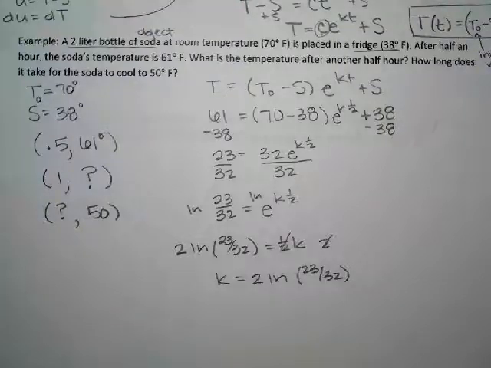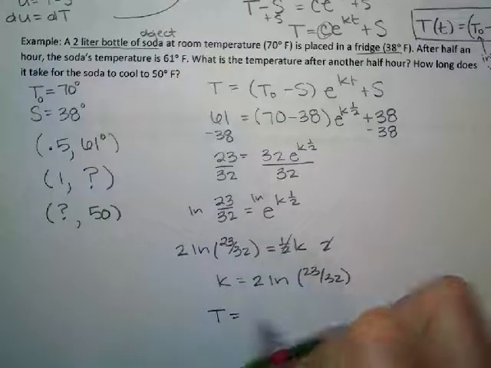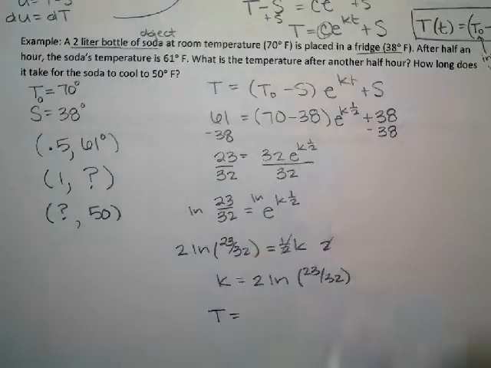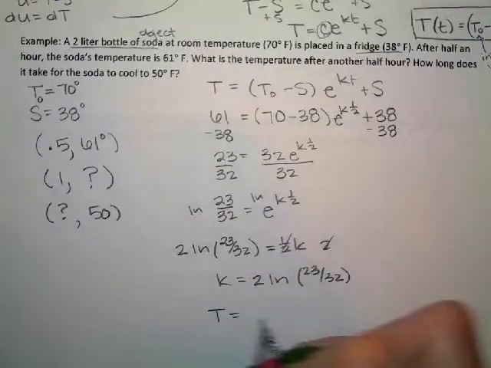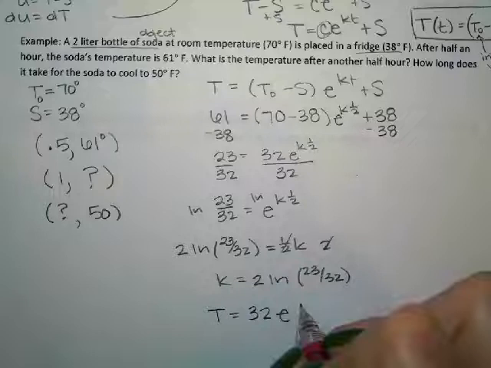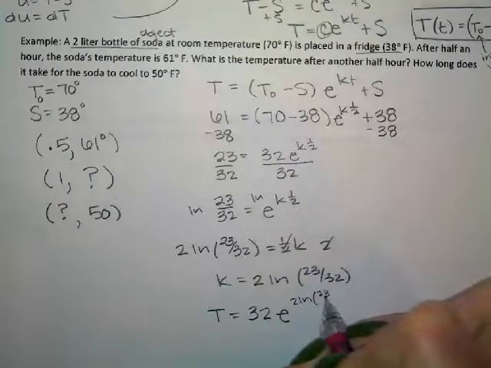So our formula is T equals, we're going to keep the 70 minus 38 because that's going to work for all the problems. So 32 is a coefficient, I'm going to keep going. So 32e to the 2 ln of 23 over 32, times lowercase t, plus 38.